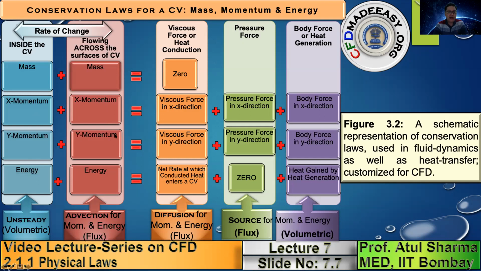The rate of change of y momentum gives you a model for v velocity. So in CFD, you can get a model for u velocity from x momentum, and v velocity from y momentum. From the rate of change of enthalpy, you can get a model for temperature. So it's very clear that you can get models for u velocity, v velocity, and temperature from the momentum and energy conservation laws.